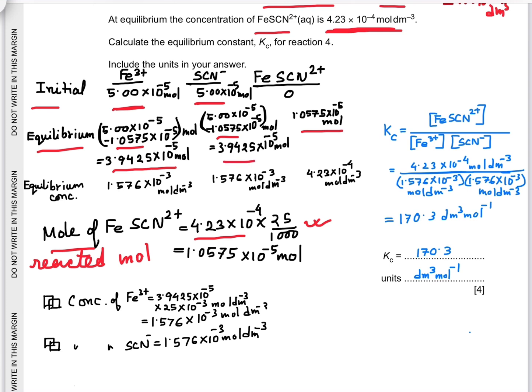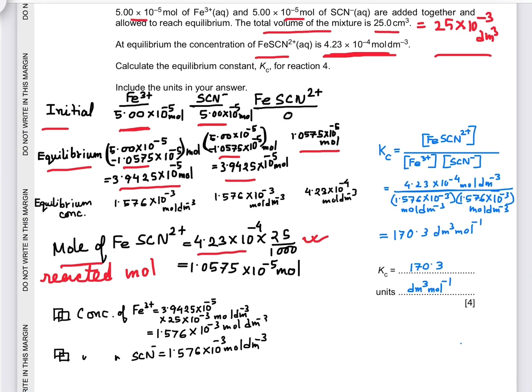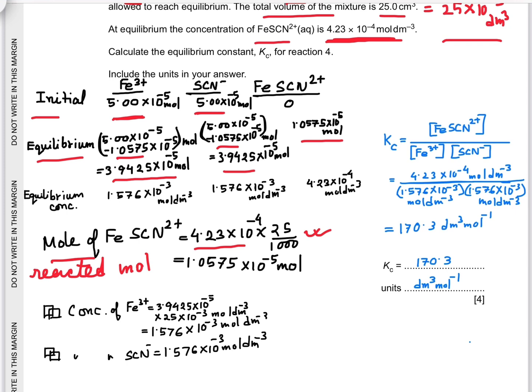From there we can calculate the concentration. We know the number of moles. We know our volume, which is 25 × 10^-3 decimeter cube. From there we can write the concentration of ferric ion is equal to 3.9425 × 10^-5 mole divided by the volume.